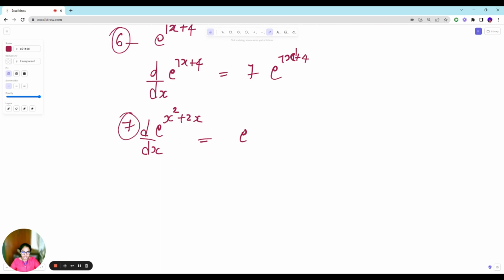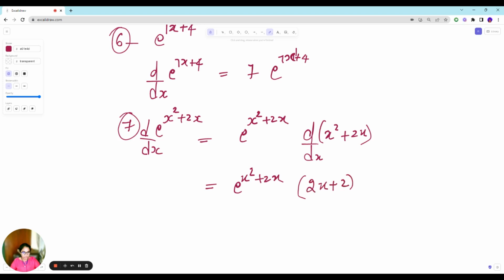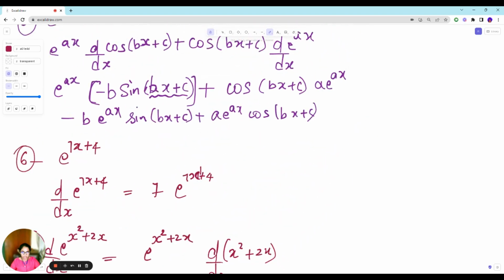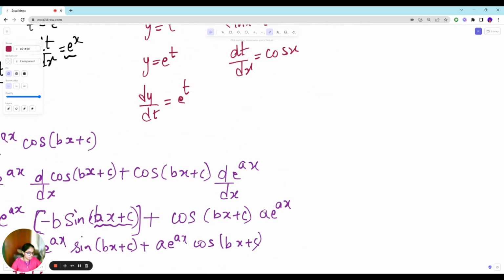What I'll do is write down x square plus 2x as it is and differentiate d by dx of x square plus 2x. This is chain rule, correct? So that would be e power x square plus 2x into 2x plus 2. That's all.